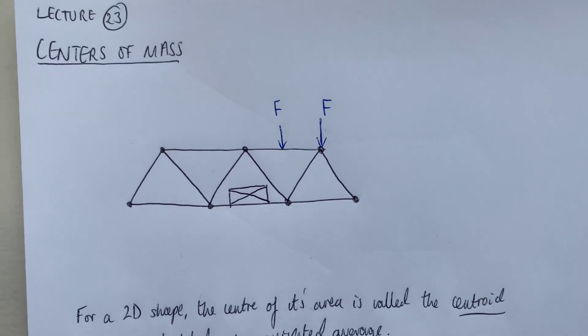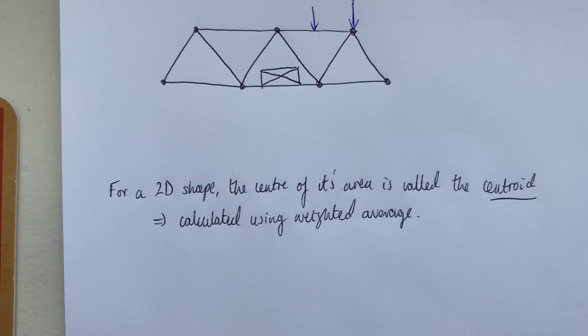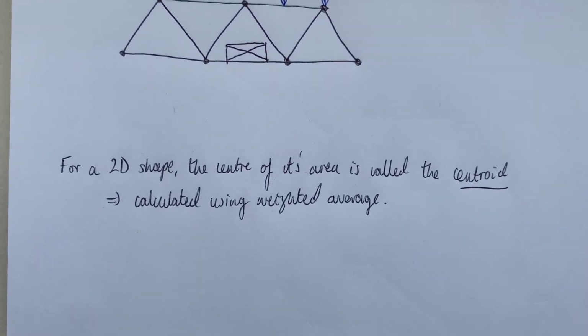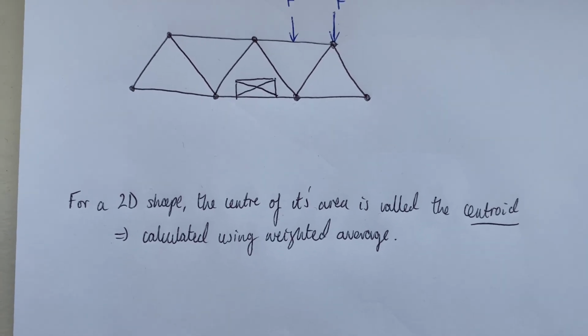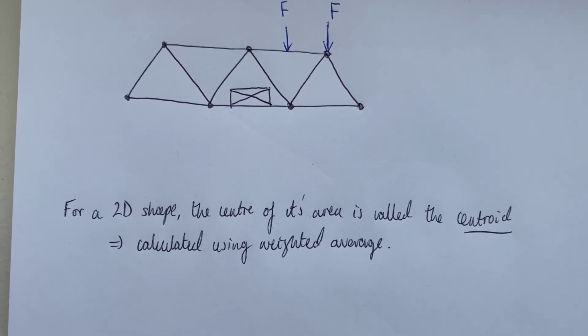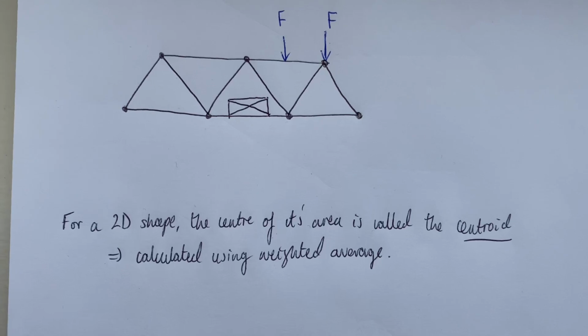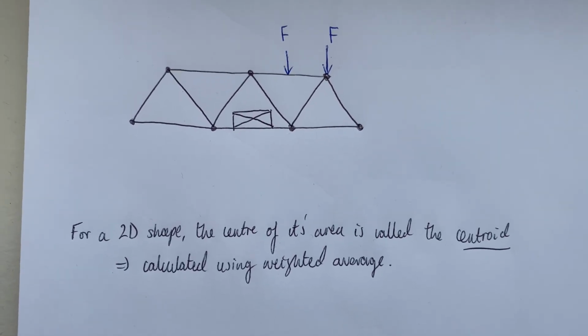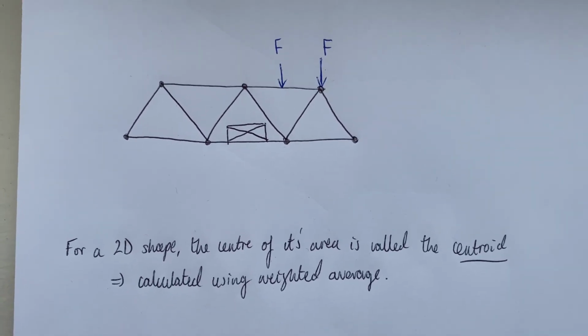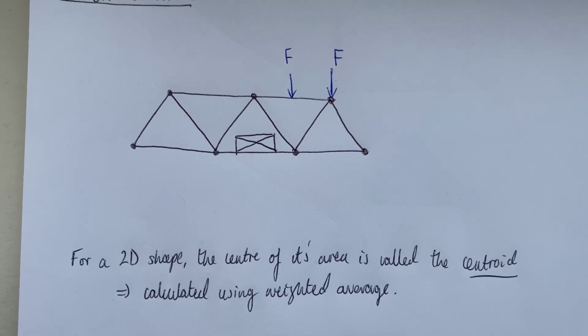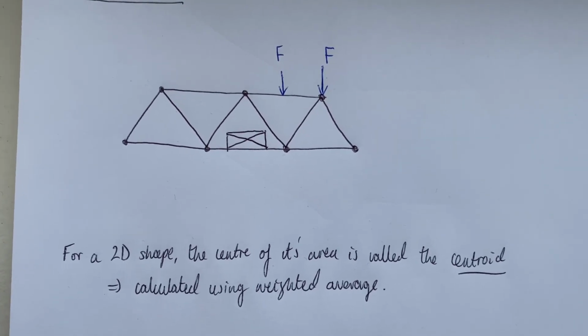So for a two-dimensional shape, which is what we're going to deal with initially here, the center of its area is called a centroid, and this is going to tell us where the center of mass is for any given shape. And the way we calculate that is using a weighted average.